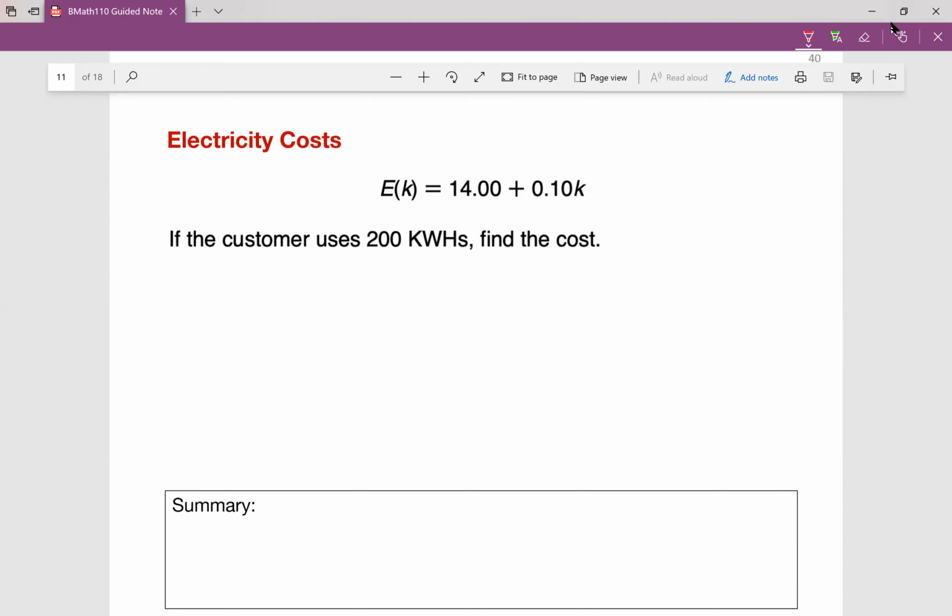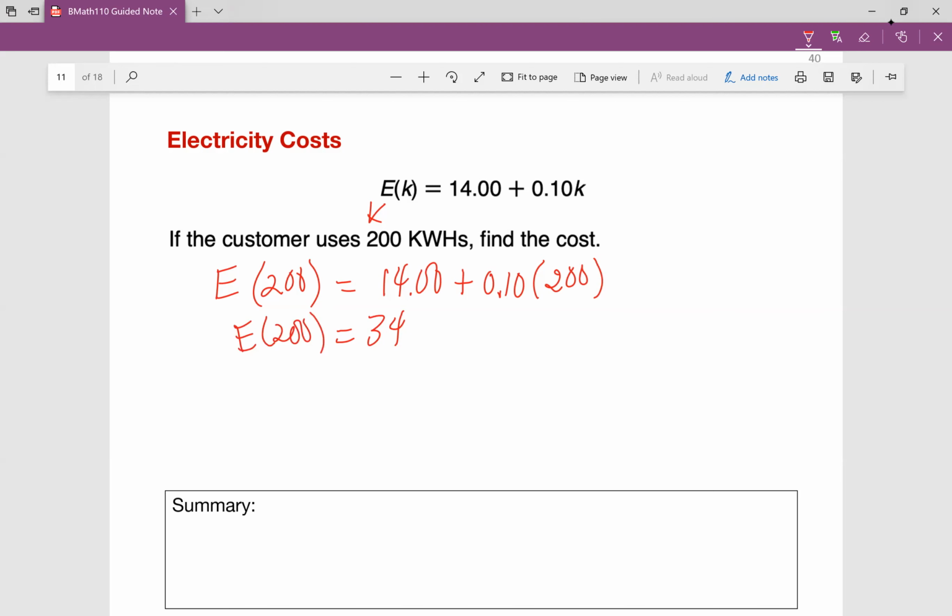Here you are given the input K equal to 200 kilowatts, so I substitute into the function. E of 200 equals 14.00 plus 0.10 times K, where K is the input 200. Using a calculator, the answer is 34. So E of 200 equals 34.